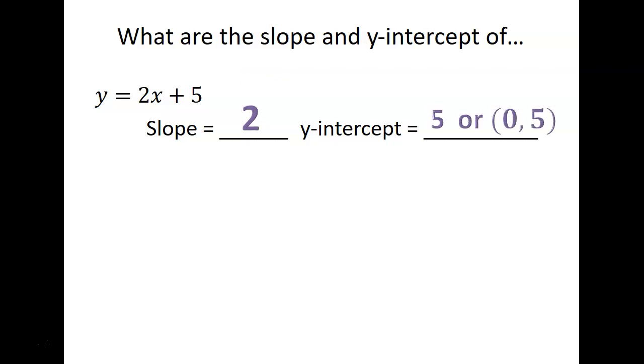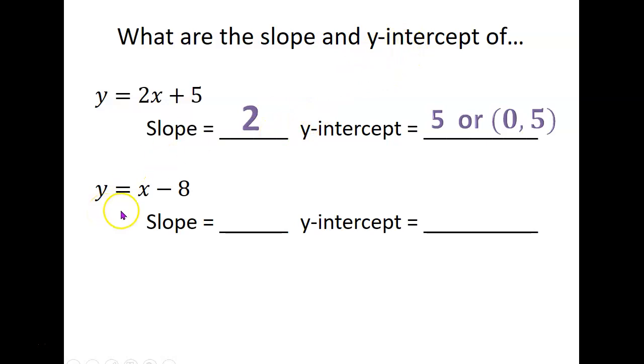And I would accept either just the number 5 or the coordinates of the point (0, 5). So here we have a line that crosses the y-axis at the point (0, 5), the point on the y-axis where y is 5, and the slope is 2. So that's the direction it's going. It's going up 2 and over 1 from that point.